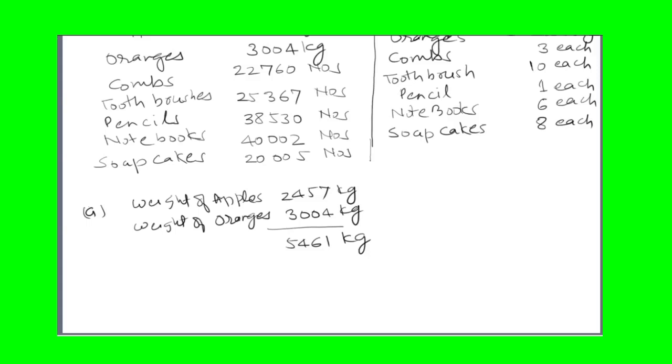Part B, can you find the total money Raman got by selling apples? So part B, money by selling apples.